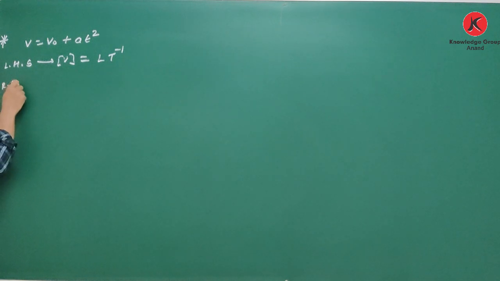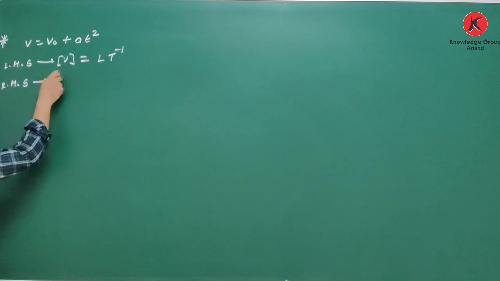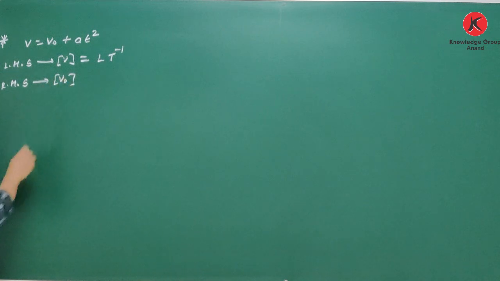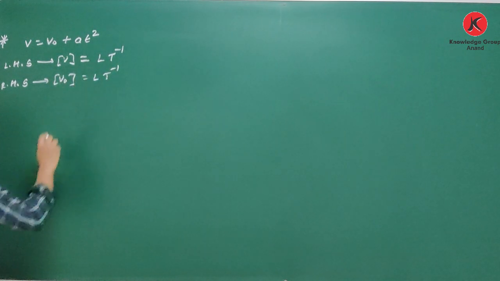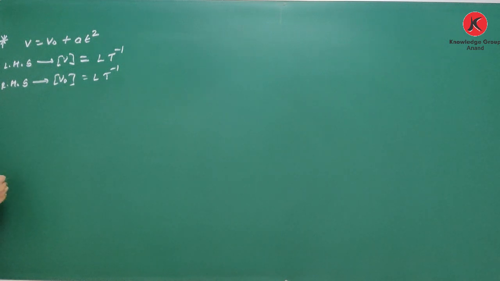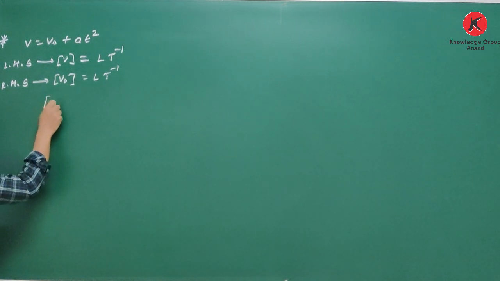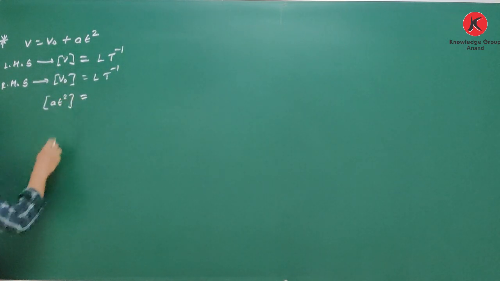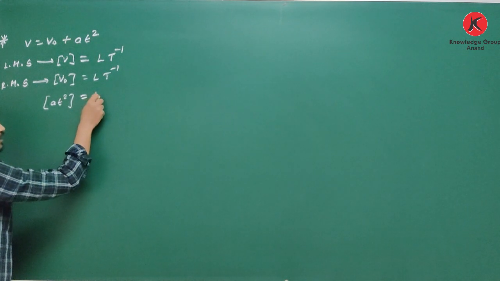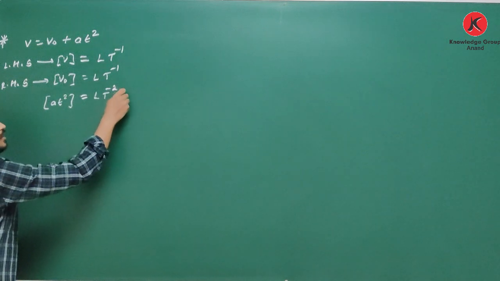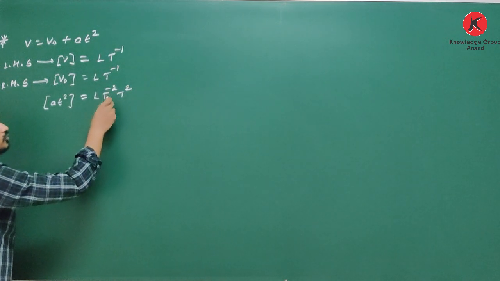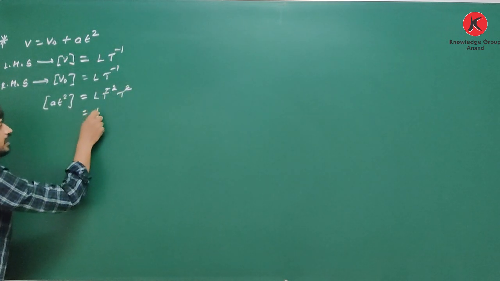Right hand side we have V0, initial velocity, so its dimensional formula is also L T minus 1. Right hand side, we have another term, AT square. A is acceleration, its dimensional formula is L T minus 2. T square means T2, so T raised to minus 2 plus 2, so it is only L.